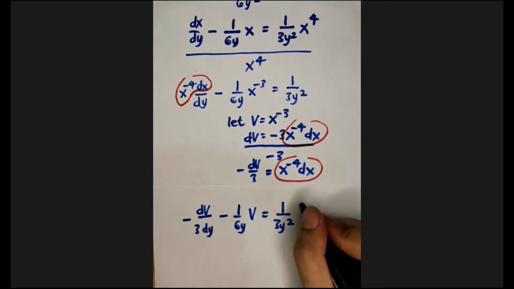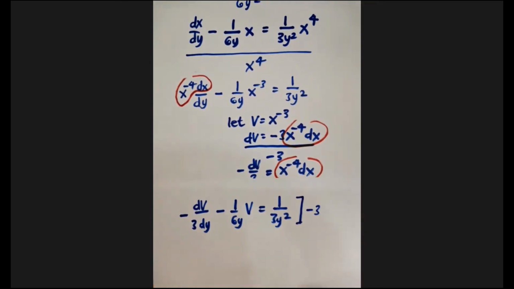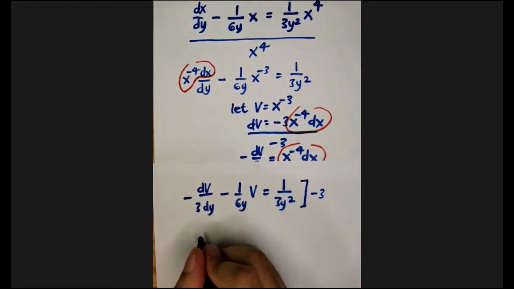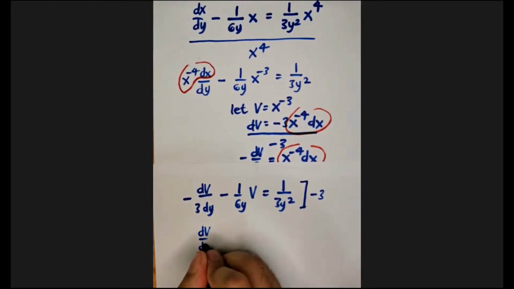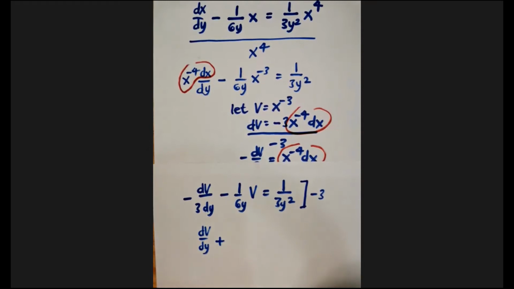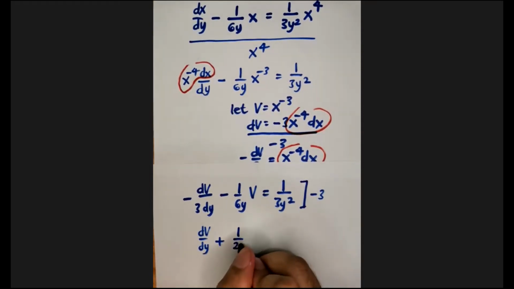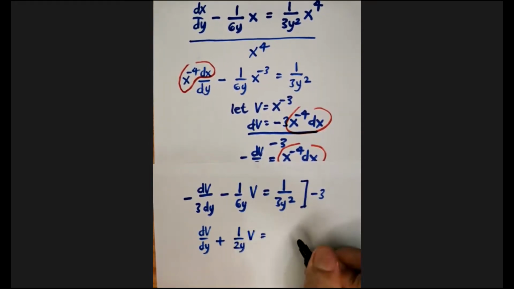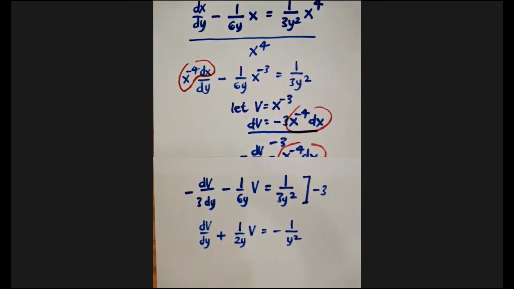Let's multiply the whole equation by negative 3. So it becomes dv over dy plus 1 over 2y v is equal to negative 1 over y squared.